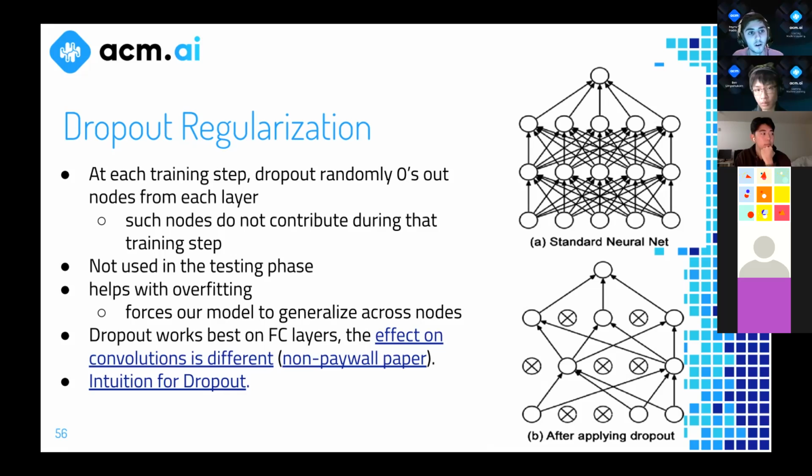Dropout is the analog of that for fully connected layers. Max pooling is the preferred way of regularizing convolutional layers, and dropout is the preferred way in the current literature and based on our current understanding of machine learning of performing regularization on fully connected layers. There are also more standard forms of regularization called L1 and L2 regularization that you can look into on your own time if you're interested.